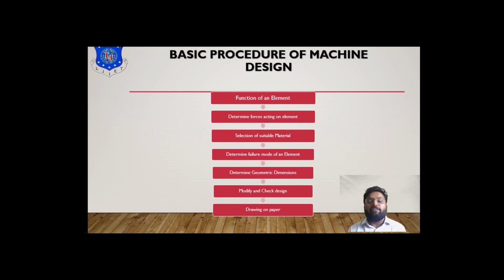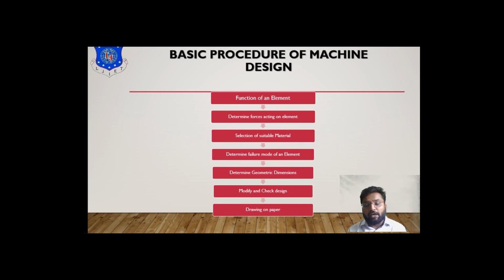Depending on that, we determine the force acting on that particular element, whether it is a heat transfer force or direct stress. Then depending on that, we can select a suitable material for those forces. After selecting the suitable material, we determine the failure: where, and from what kind of force, our component is going to fail.